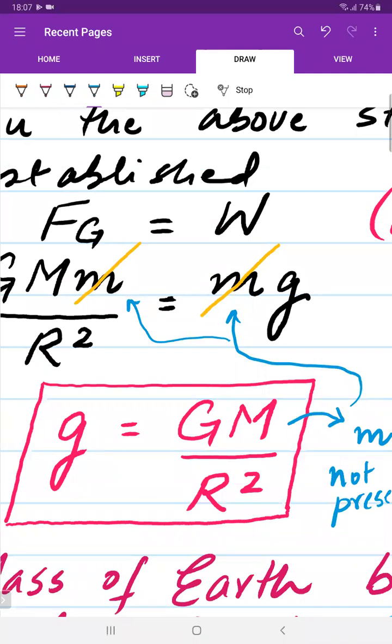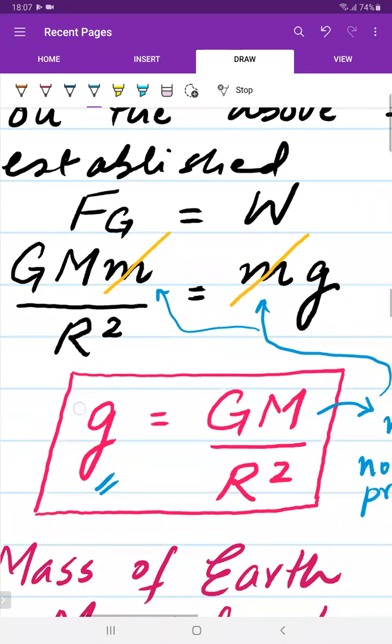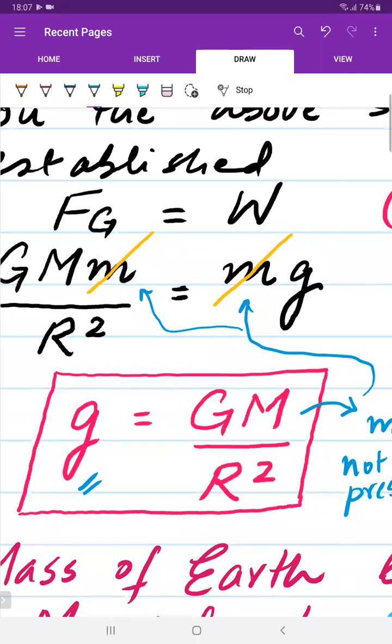So if you still want to assume the difference would be that, okay, Reha, maybe you are confusing the two formulas with each other. I am using the formula for gravitational field strength, G. And maybe you are talking about the formula of gravitational force.